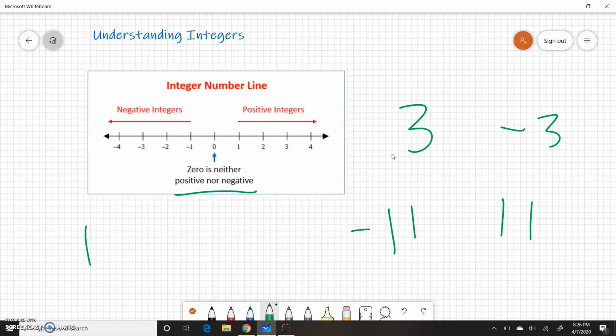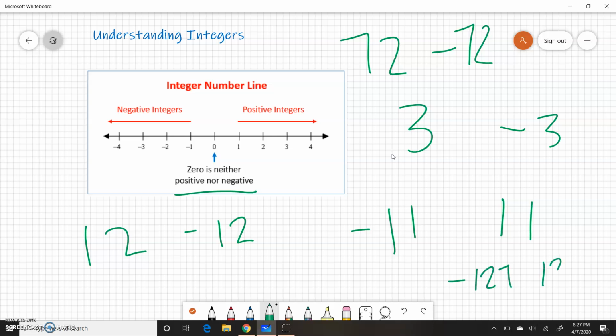What's the opposite of 12? -12. What's the opposite of 72? -72. So opposites just mean if they give you the positive version, what's the negative of it? If they give you the negative, what's the positive? What's the opposite of -127? +127.